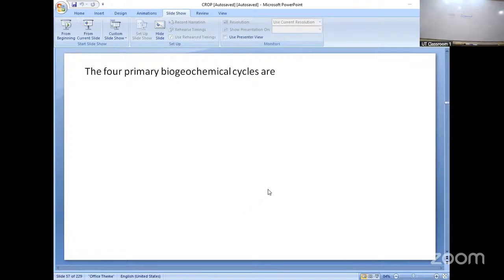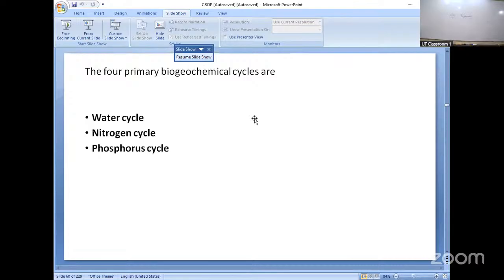The biogeochemical cycles which we are going to study are the water cycle, nitrogen cycle, phosphorus cycle, and carbon cycle.